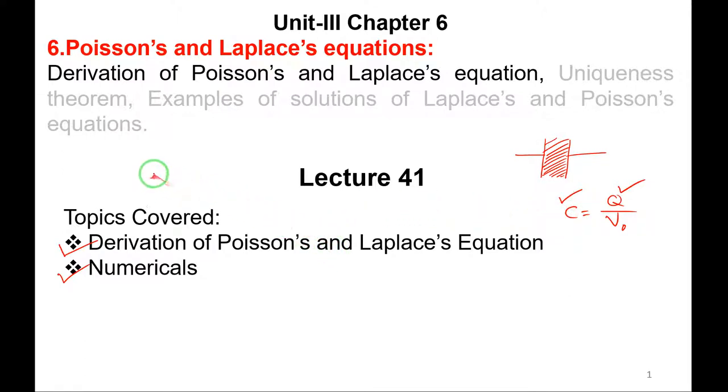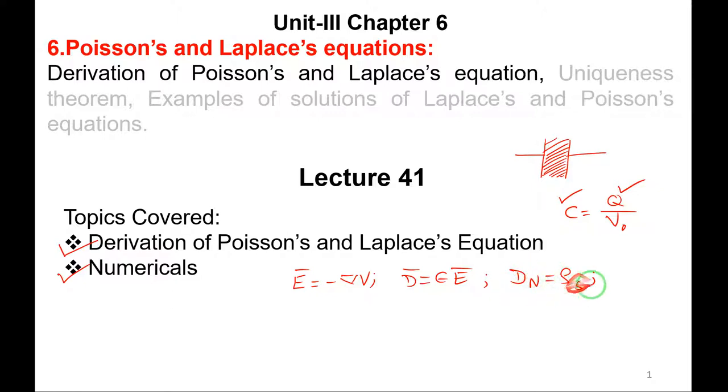If I know the potential, then I know the relationship E is equal to minus del V. Then I know the relationship between D and E: D is equal to epsilon E. Then I will find the electric flux density, and making use of boundary conditions, the normal component D N is equal to rho S, between conductor and free space.